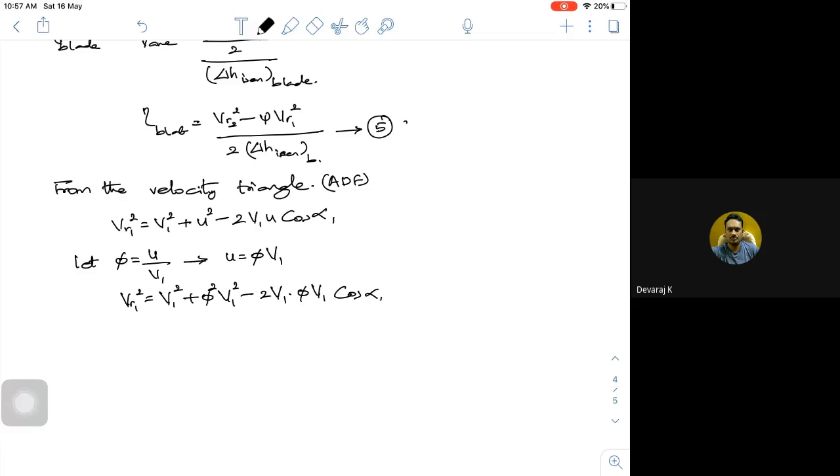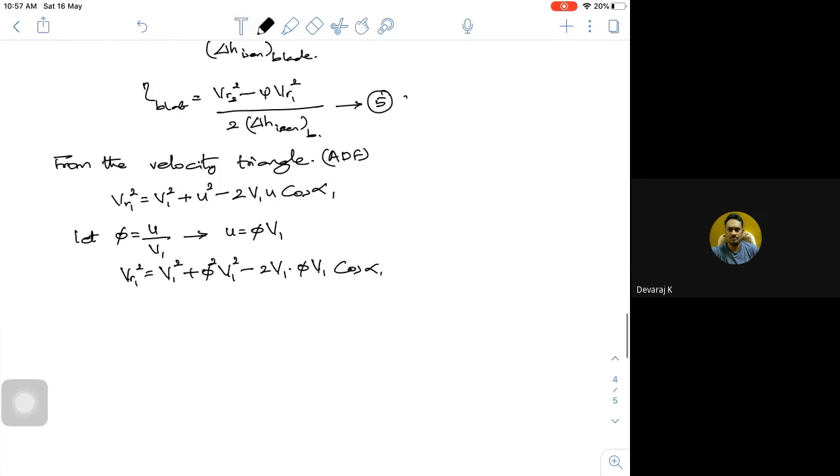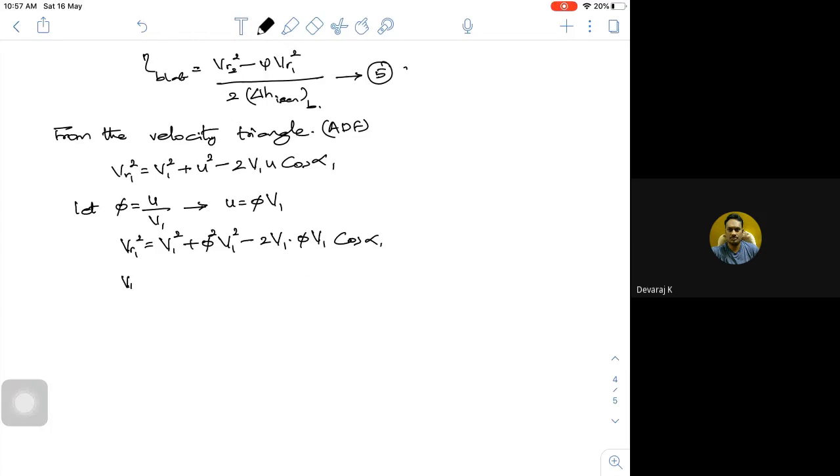I can take V1 square common. So VR1 square is equal to V1 square into 1 plus phi square minus 2 phi cos alpha 1. Let me call this equation number 6.